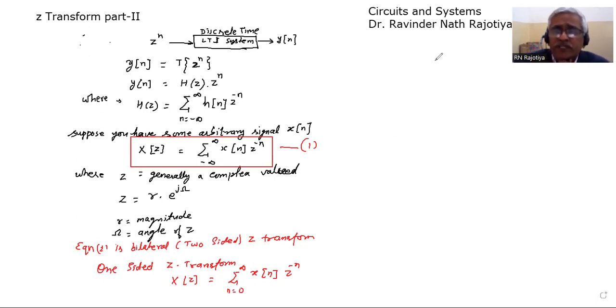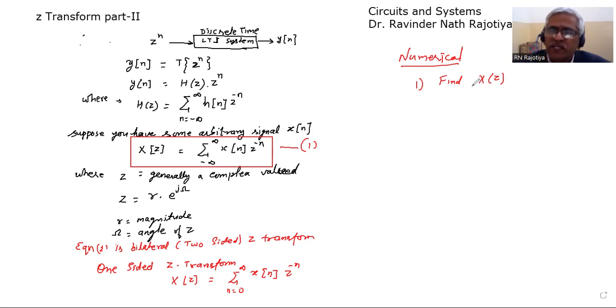Now, what is important is that you will be given a question: find the Z transform of the given signal. So in the numericals, when you solve them, what you need to do is, one, find x of z, that is, find the Z transform.